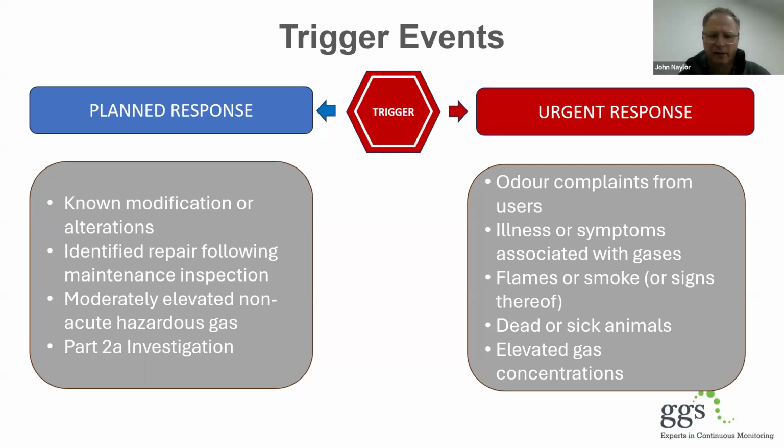Typically these are things like rabbits, sometimes birds, that you can see particularly on landfill sites where you get gas pooling, and particularly CO2 pooling in very still conditions. Or you've actually gone out, done some monitoring, and found elevated gas conditions. So you can see that all of those might need a more urgent response.